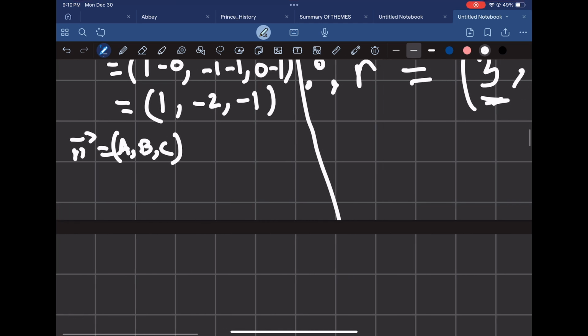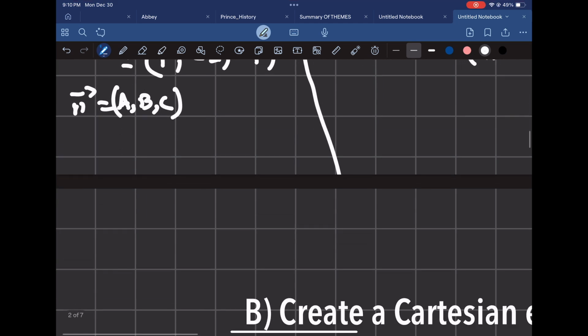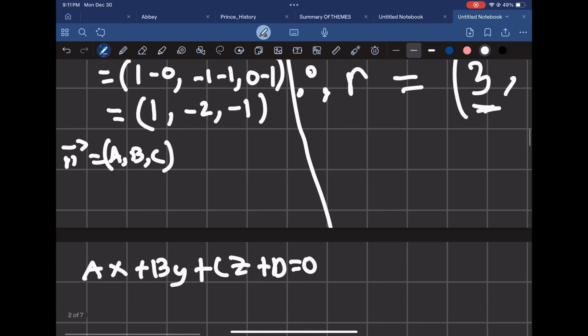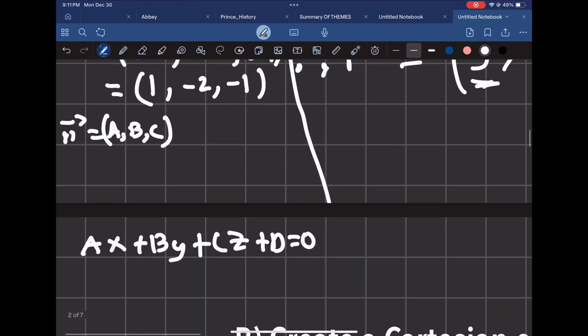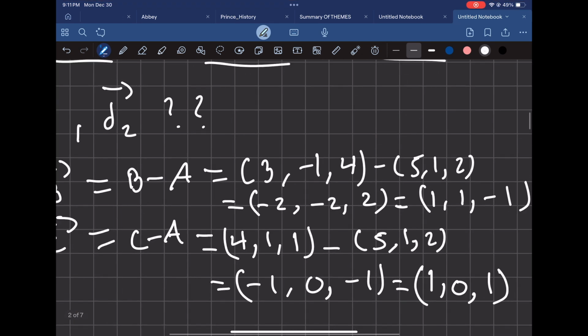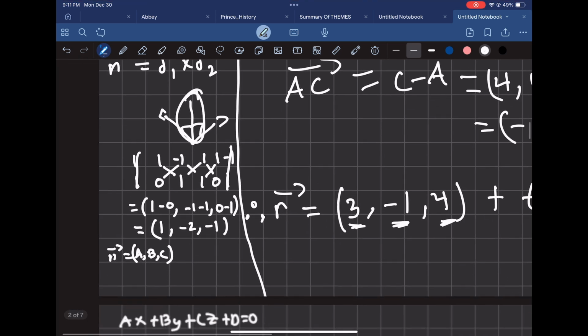So what would happen is you would get ax plus by plus cz plus d equals 0. N is 1, negative 2, negative 1. And we said the point we're choosing is c, so 4, 1, 1. Let's write that there.